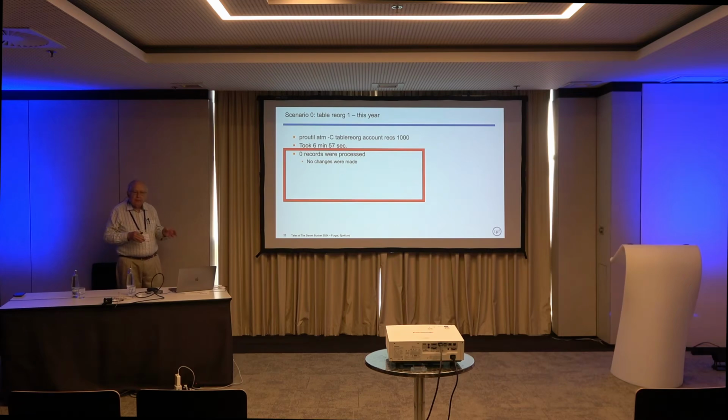Last year we used 12.3, and this year we're using a newer release. And so it put out this message that said 0 records were processed. That's an enhancement that wasn't there in last year's version. So it's telling us 0 records processed, which is what we wanted or expected.